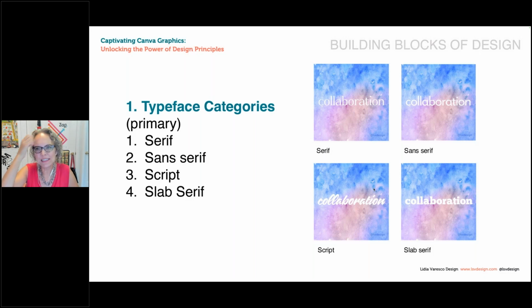And the first one is serif. That's where you can see that first example at the top left, where they have a little notch in the letters. That's called a serif, and it's also called a serif font. And then the one next to it is called a sans serif, and that's where it doesn't have the little notch. So that's your typical Arial, your Helvetica, that type of typeface.